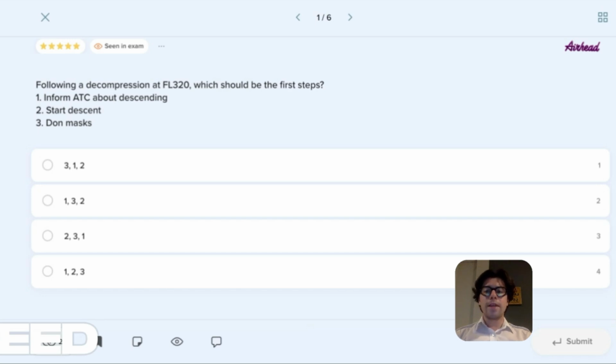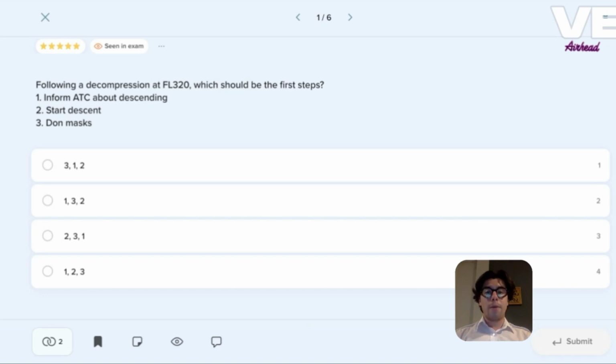In case of descents from such high altitudes, after donning the masks, the captain of course should inform the ATC as the main threat has been averted. However, you quickly need to start descending to an altitude of 10,000 feet or the lowest available altitude on the airway. Of course, remember for these questions that in general, flights are permitted to fly up to 10,000 feet altitude without oxygen.